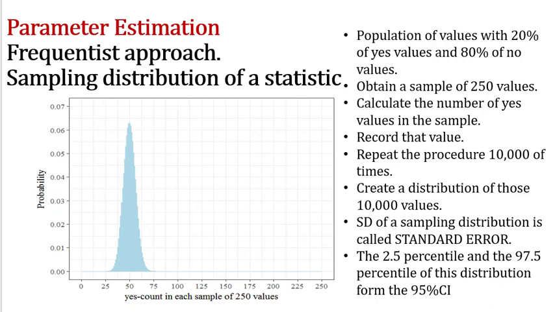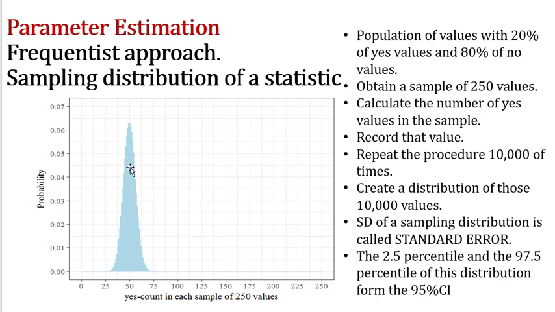Those are the most common values, and we can see that in the distribution. 50 is in the middle of the distribution, and we see that values that are less than 30 were very rare, and values more than 70 are very rare as well.